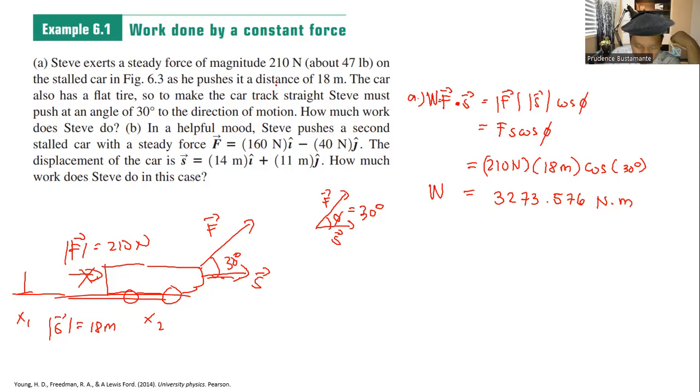In the book, the answer is rounded off to 3.3 times 10 to the 3 joules, or 3,300 joules.